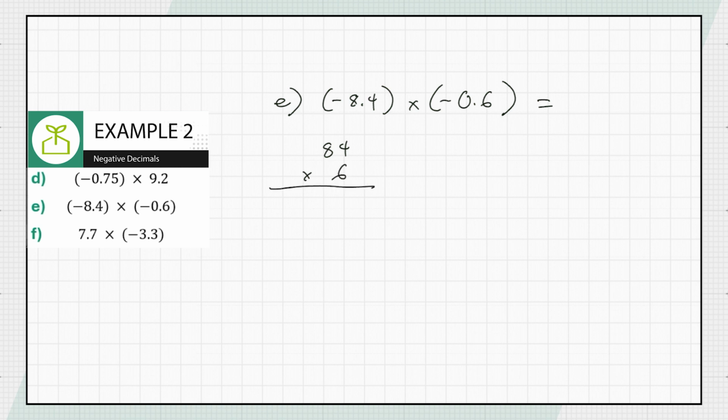Right, so 6 times 84, just do it separately. So 6 times 4 is going to be 24, and then 6 times 8 is going to be 48. So the end result of our answer is 504. Bring that back up here, and then we need to check. We've got 1 decimal place here and 1 here, so we need 2 in our answer.